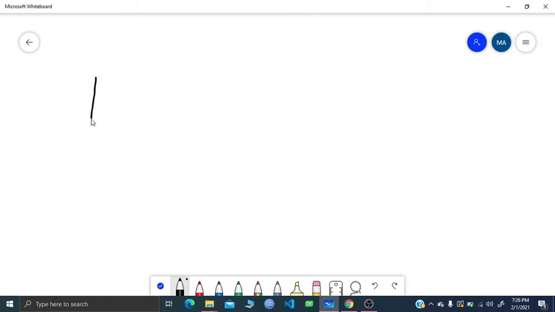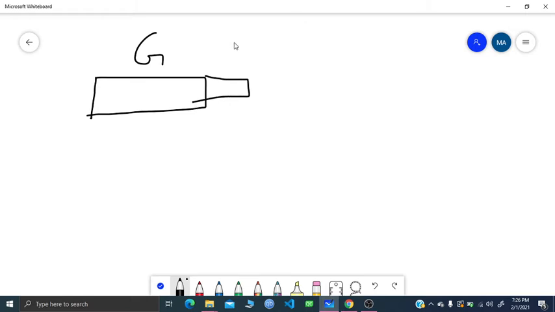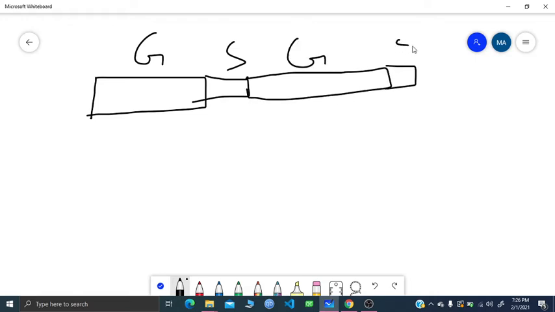Let's say we have a group of G here, we have a group of S, and we have a group of G, group of S, and group of G. Also a group of S.